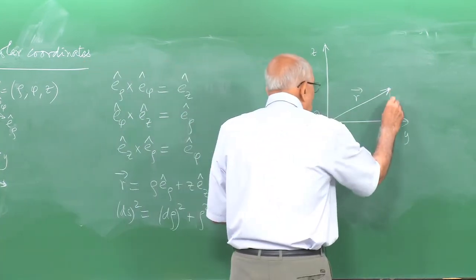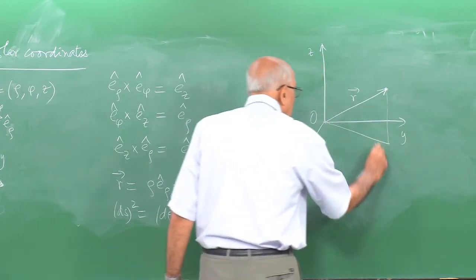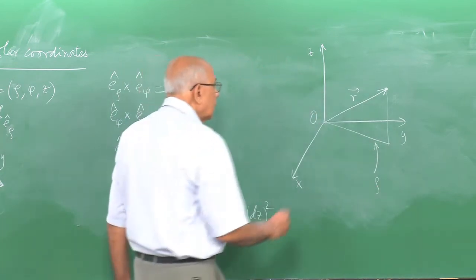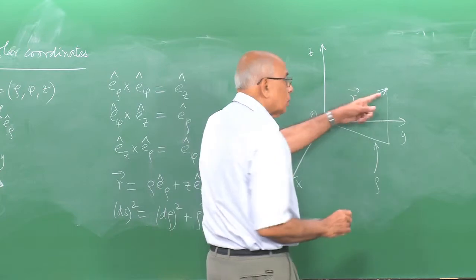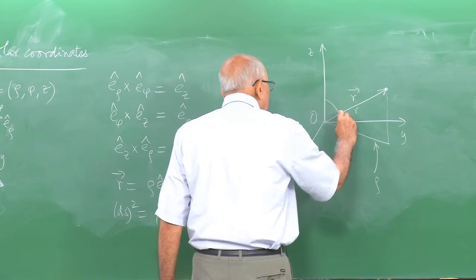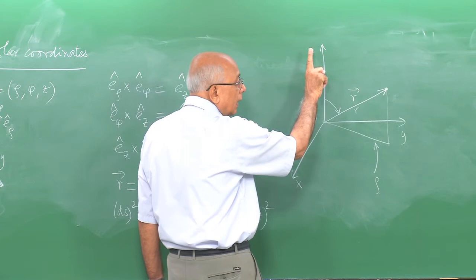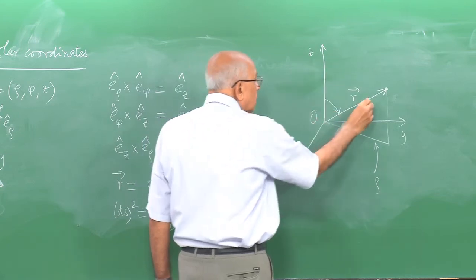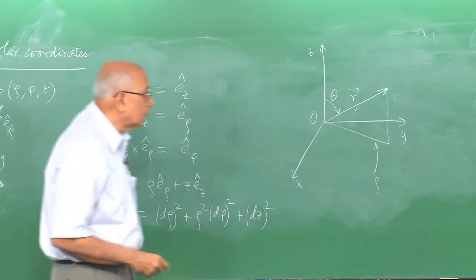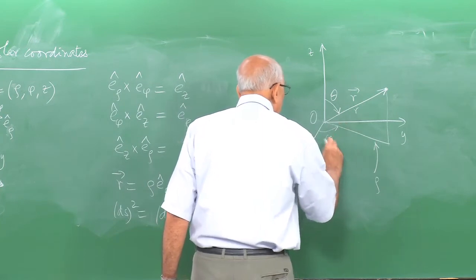You draw a projection onto the xy plane as before. That was rho, if you recall. So this quantity was equal to rho here. This distance is r from 0 to the point P. This angle here from the z-axis, from the positive vertical axis, moving down towards this point here, this radius vector here, this is called theta. And this angle here of this projection is phi as before.